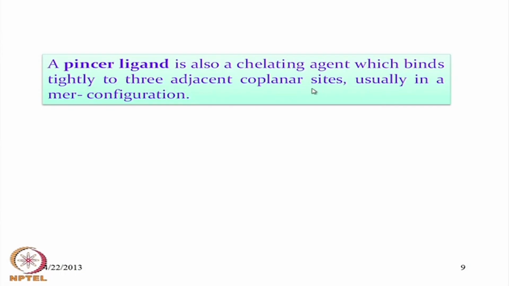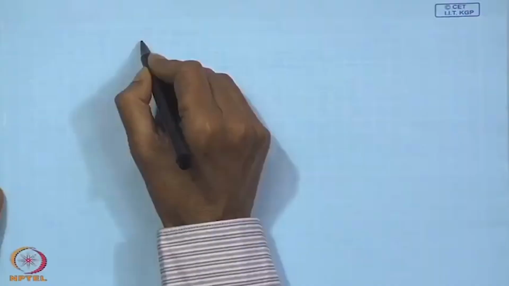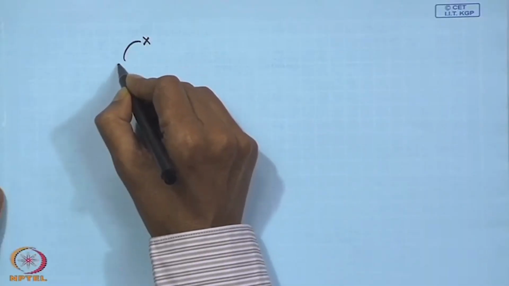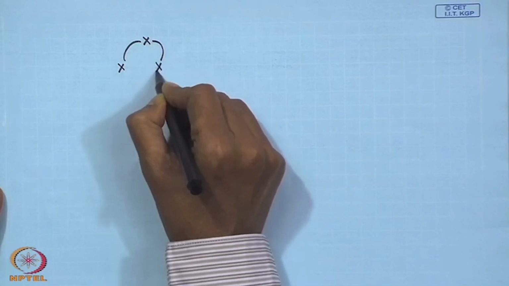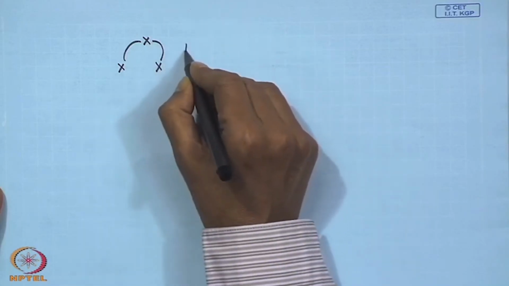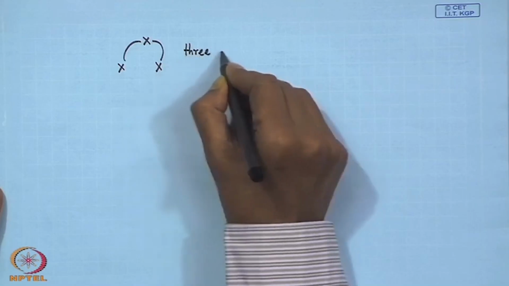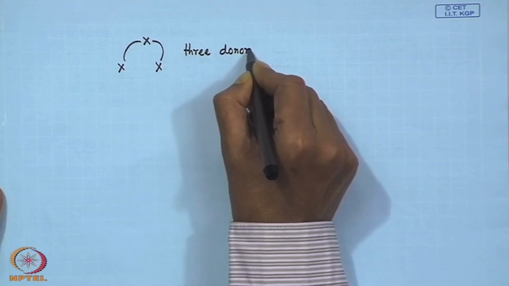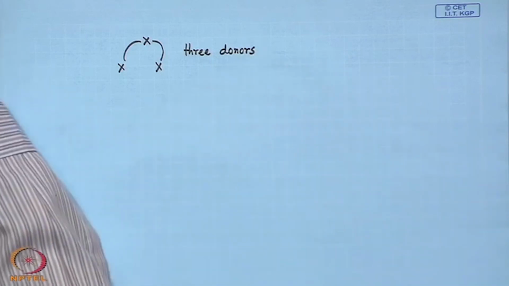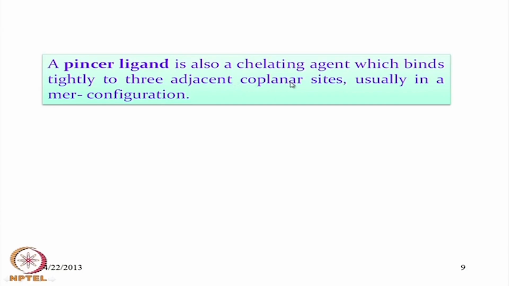So, if we have three adjacent coplanar sites like that of our terpyridine type of ligand, if we have one donor point, another donor point and a third donor point, three such donors, if they are available, and if these three are adjacent coplanar sites, that means they give rise to a planar tridentate arrangement, not that it can move to some other plane, and usually it binds in a meridional configuration.